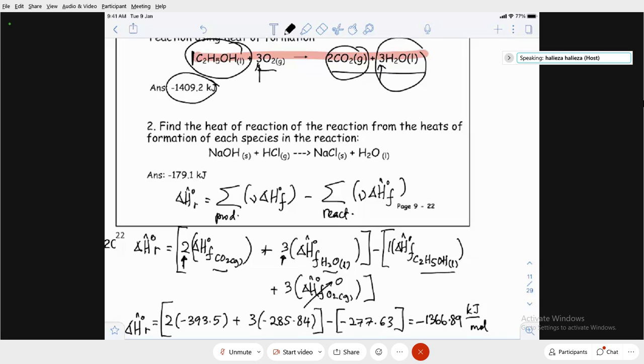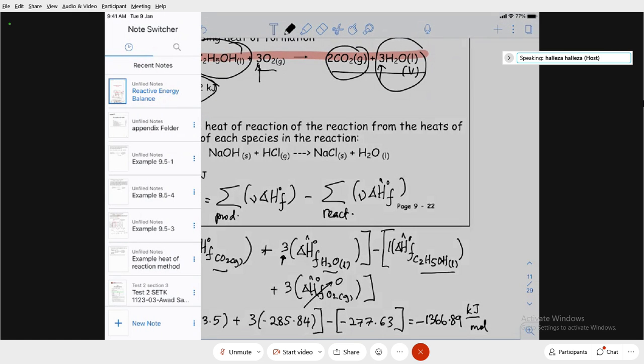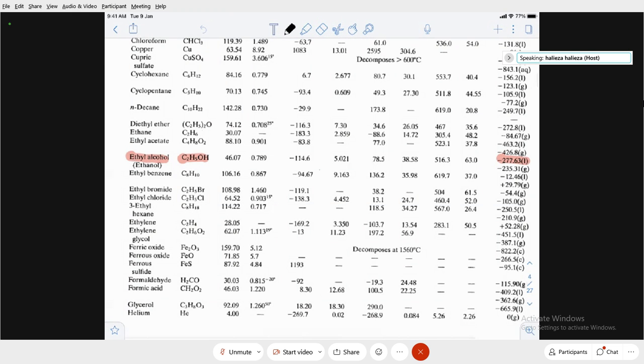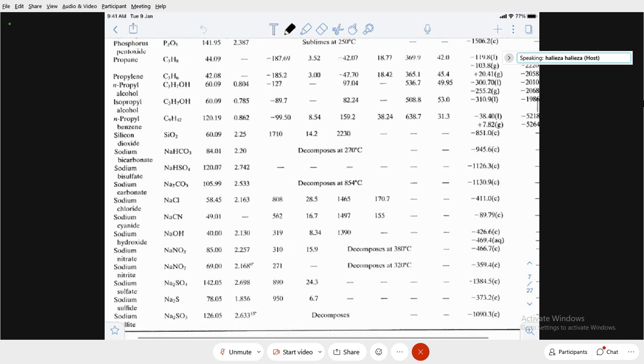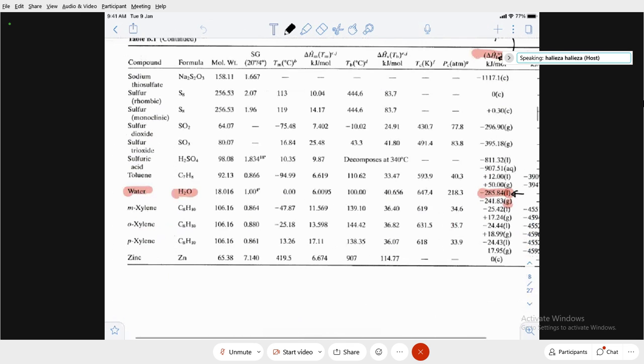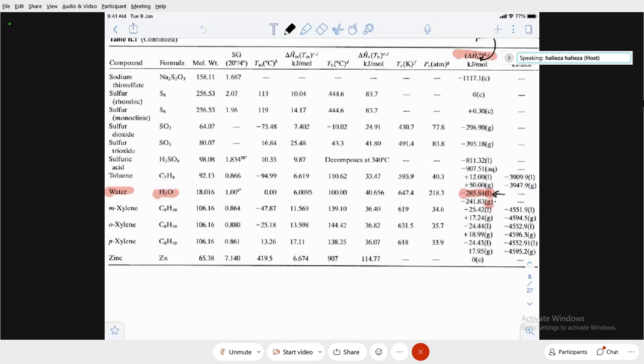I got a feeling that the person who gave that value must have listed water as vapor. Let's see whether that is the reason for the difference in the answer. Let's look at water in a vapor phase. The heat of formation of water vapor is negative 241.83.